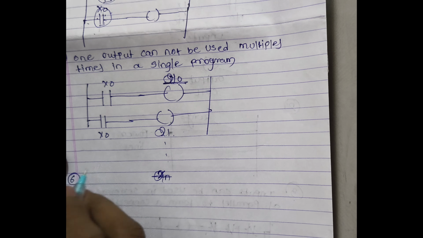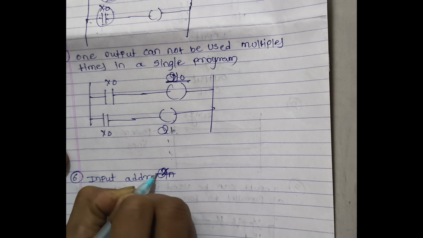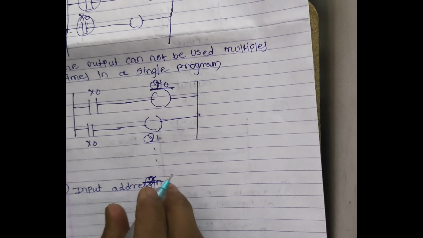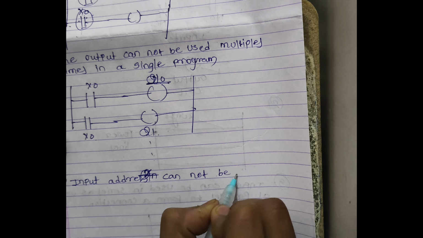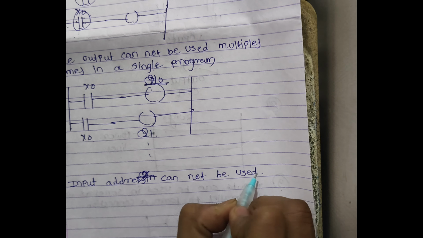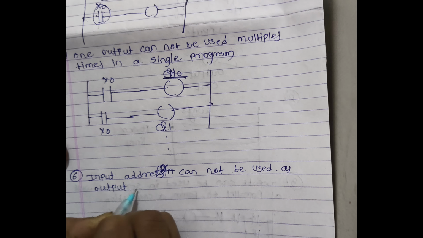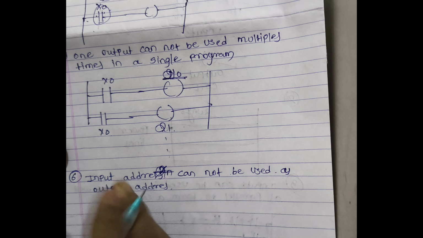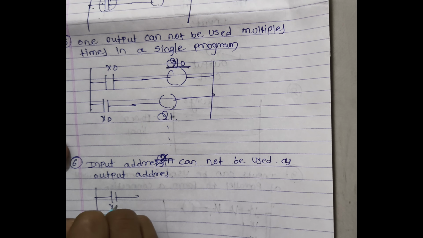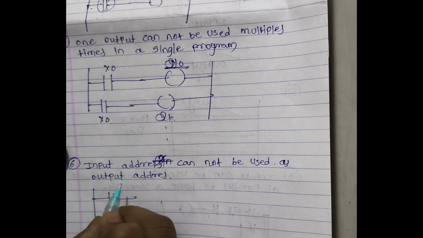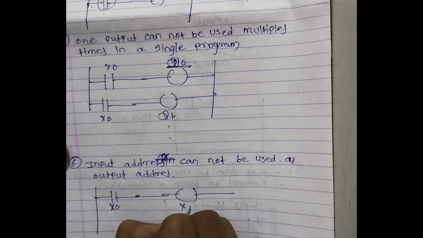Then the next rule is that an input address cannot be used as an output address. For example, I have address x0 for this input, then for our output we cannot write x1.